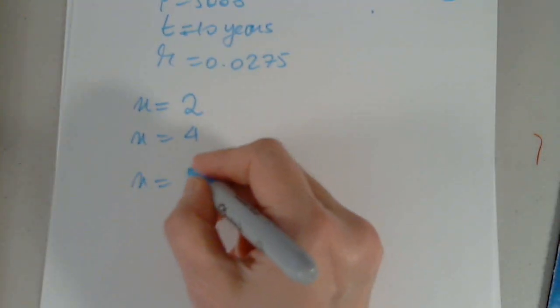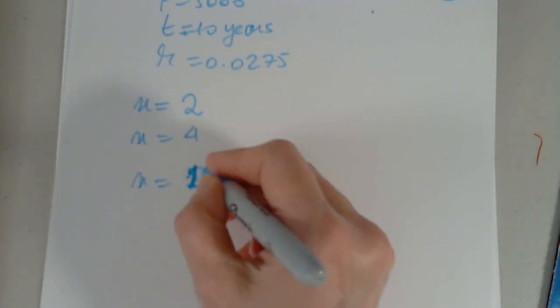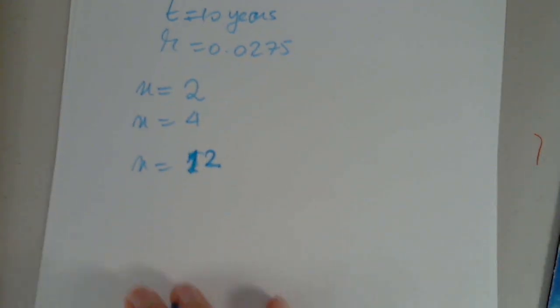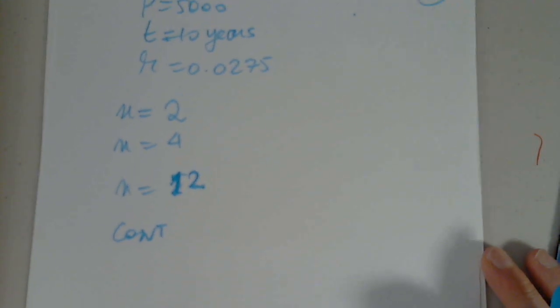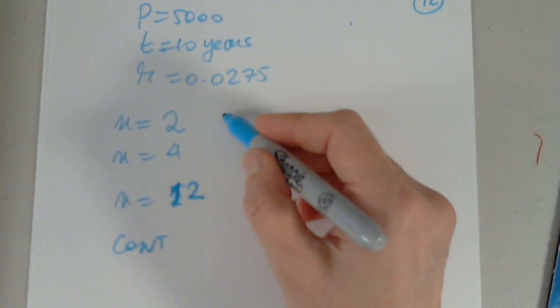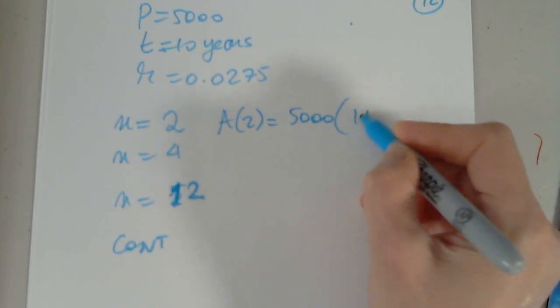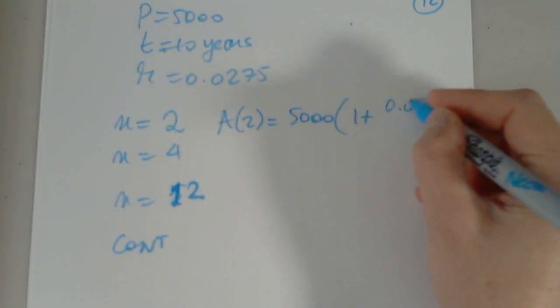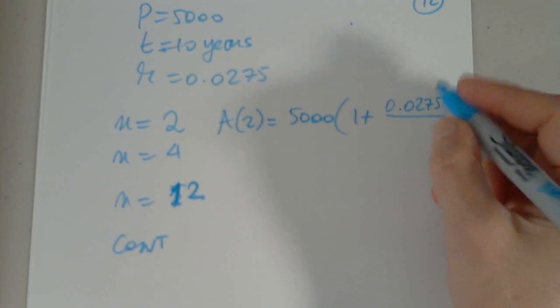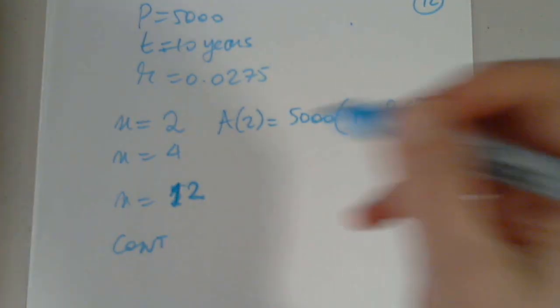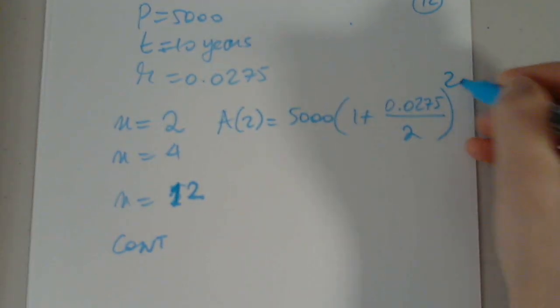Oops, I was thinking of weekly. Monthly 12, and continuously. So this one will be A of 2, 5,000, 1 plus 0.0275 divided by 2 raised to 2 times 10.